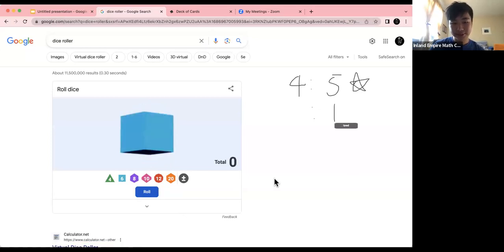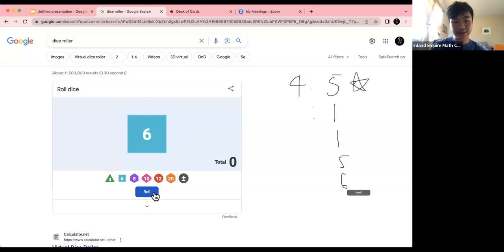We roll again, just to try this over again and see which is the most likely. We got another 1, another 5, a 6, and then a 4, so we'll just re-roll and delete that.